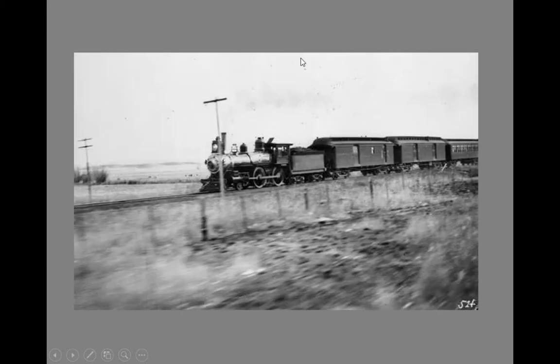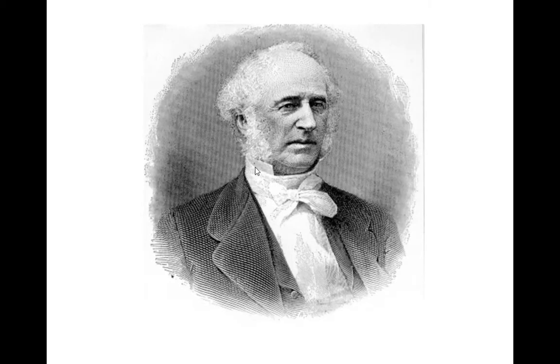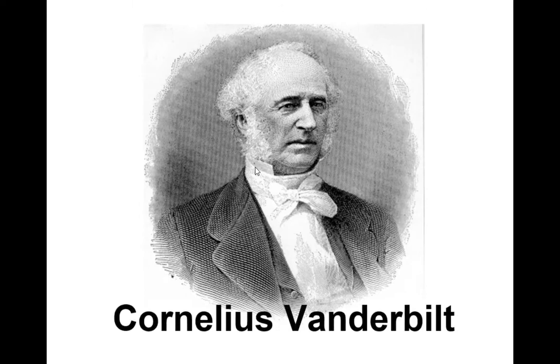All right, next industry, railroad. Railroad's been around for a long time, but it kind of changed in the late 1800s. In 1860, with the Civil War, we had about 30,000 miles of track total, most of that in the east, and it wasn't connected. There was definitely a connection issue. Our key individual is Cornelius Vanderbilt.